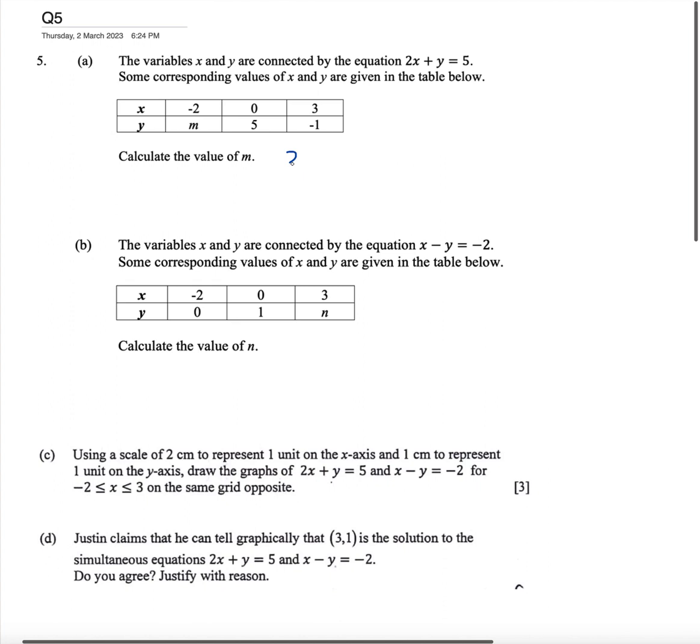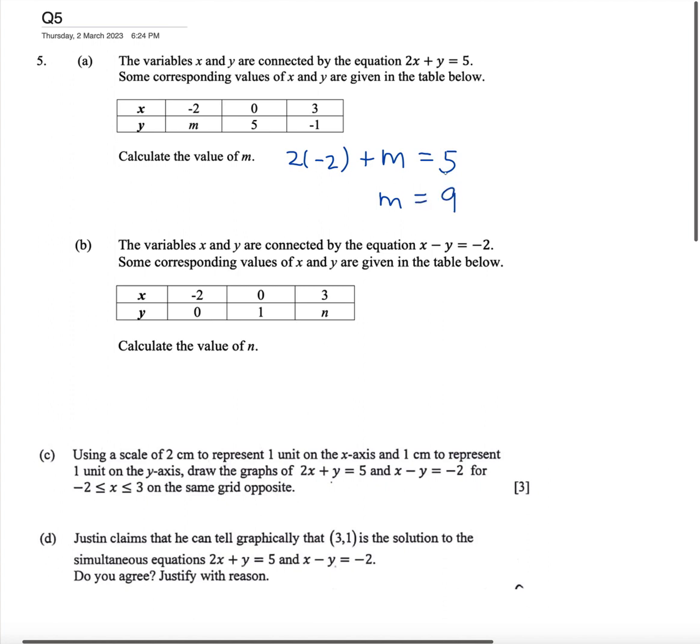So the equation is 2x, and x is negative 2, plus y equals 5. But y here is m, so we need to replace it by m. So this works out to be m is 9.